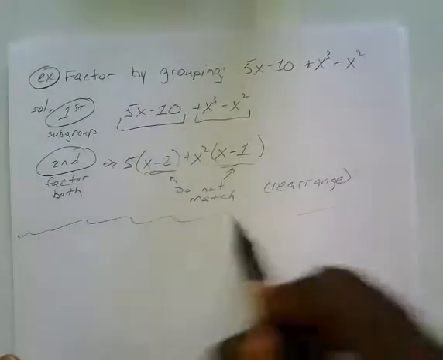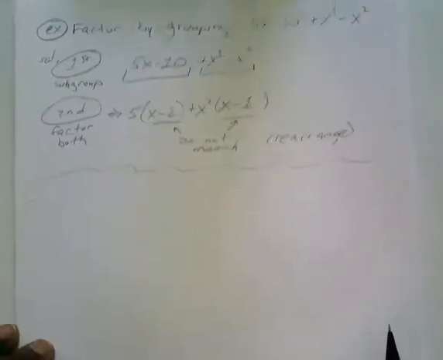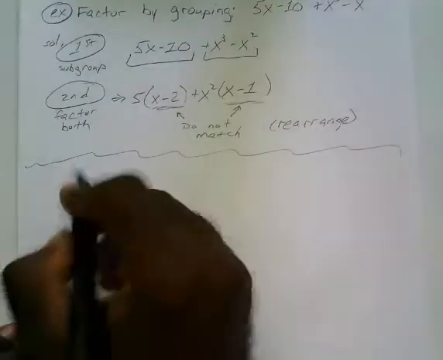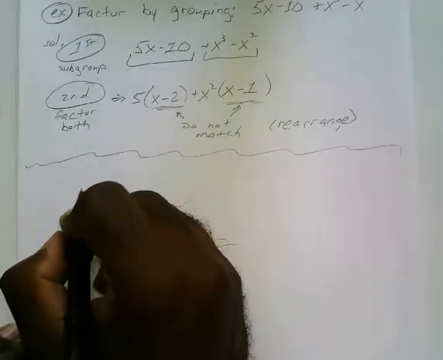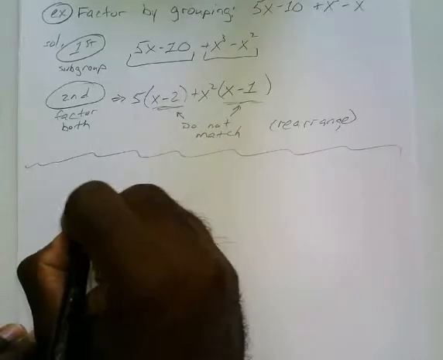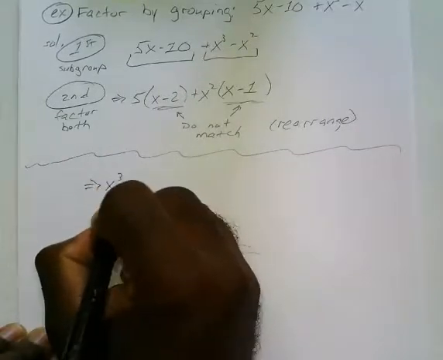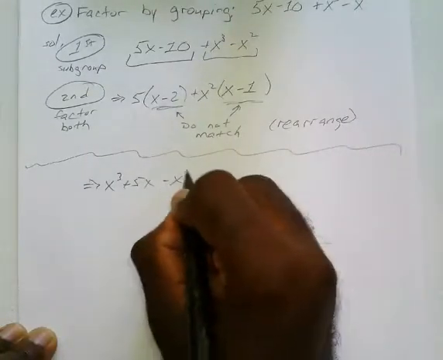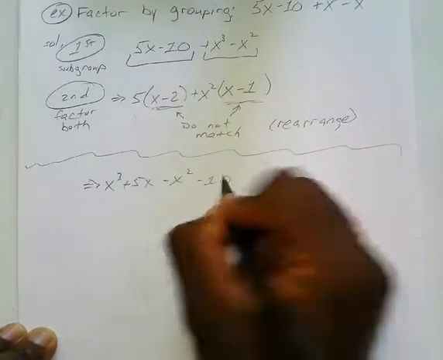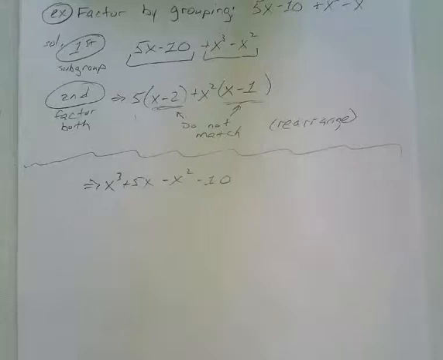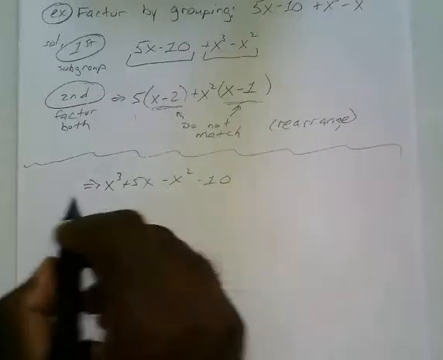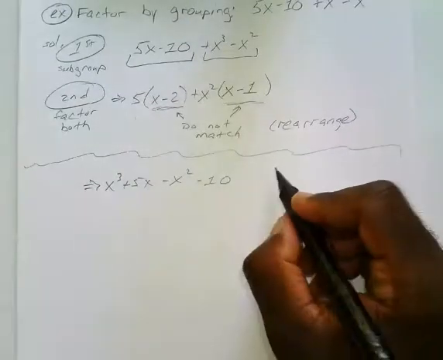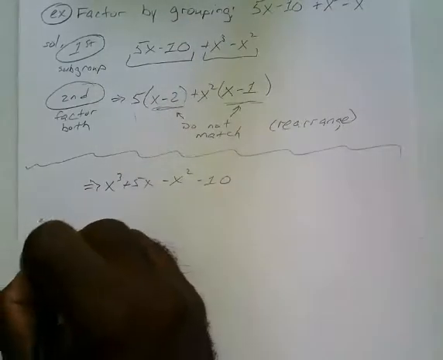Okay, so we go ahead and separate that. What if we try making it x to the third plus 5x minus x squared minus 10? We just go ahead and rearrange our terms, and we do our steps again.